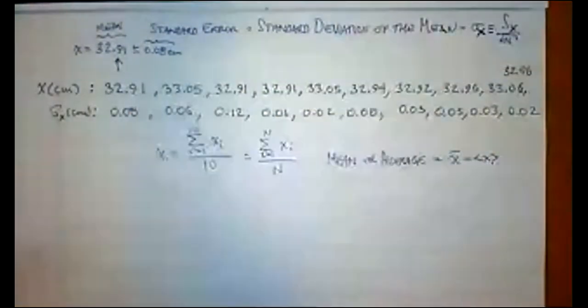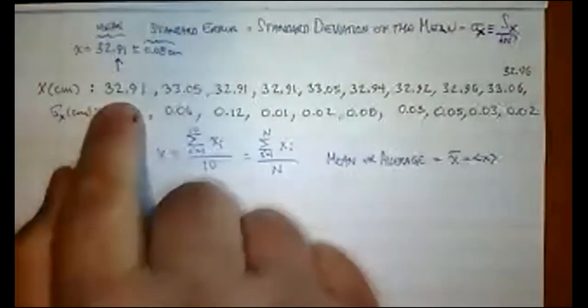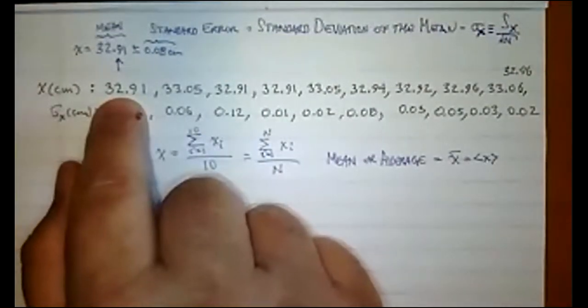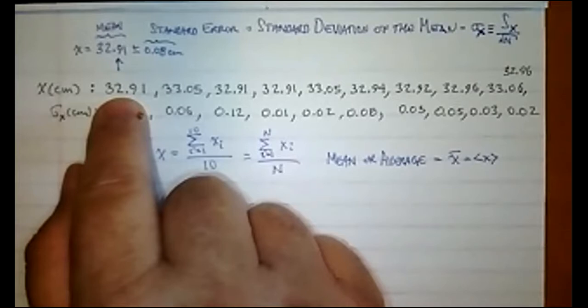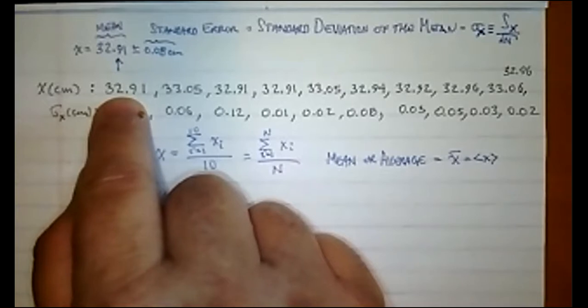So me as a lab group giving you a number, I'd say, hey, our lab has determined that the width of this thing is 32.91 centimeters plus or minus 0.08 centimeters. And really, I probably should put this in parentheses since I only put the centimeters on the end.